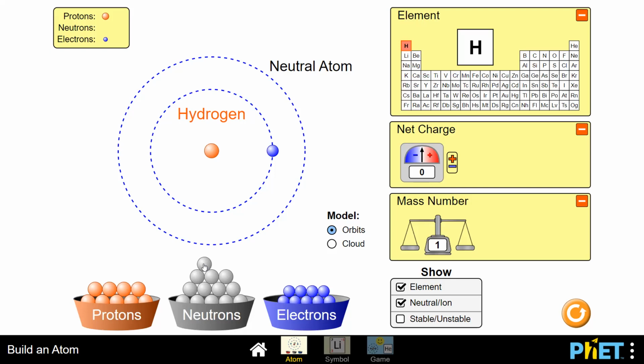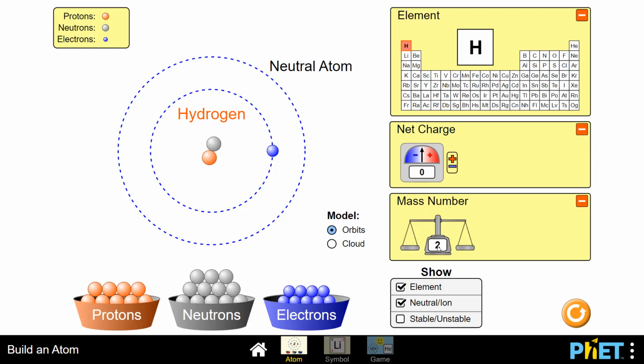Now, regular hydrogen does not have any neutrons, just one proton, but we can add a neutron. Adding a neutron doesn't change the element, still hydrogen. And in fact, this type of hydrogen is called deuterium. So this is an isotope of hydrogen.